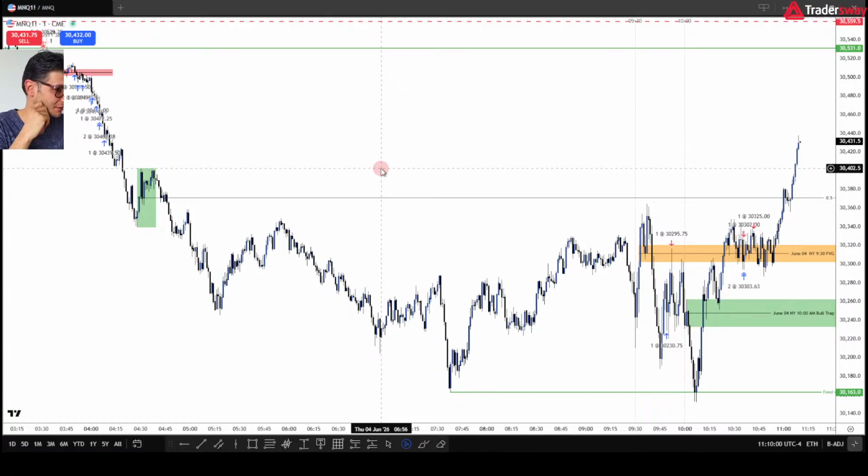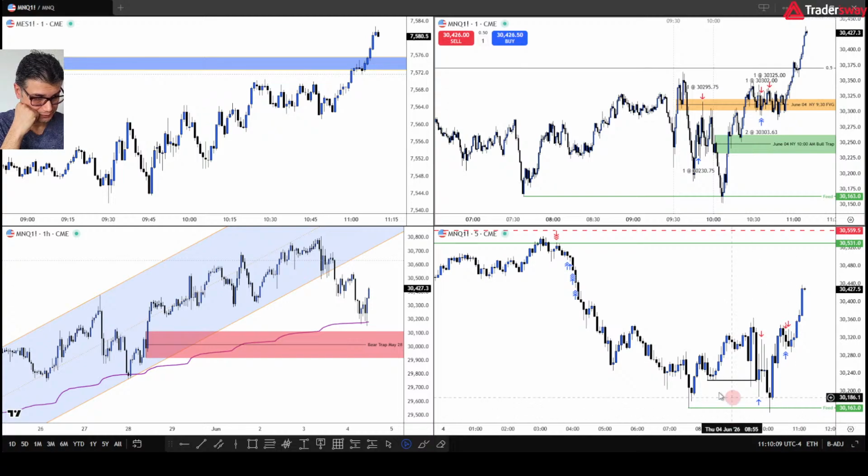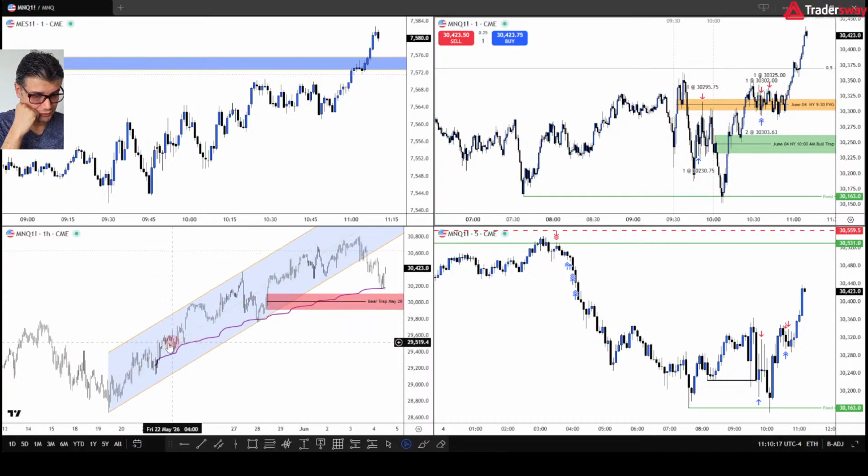I missed that leg. That's on me. I had no entry after it took this low. It was a textbook that this VWAP can hold.